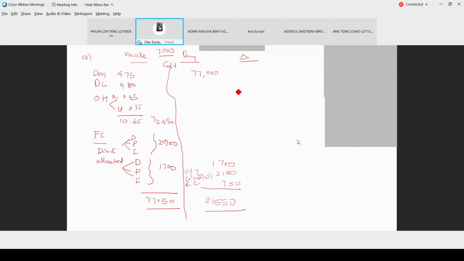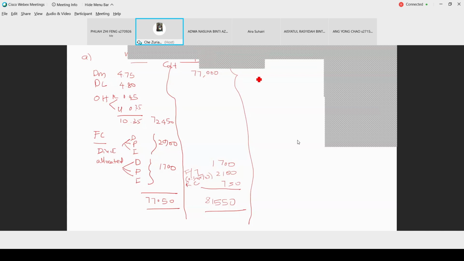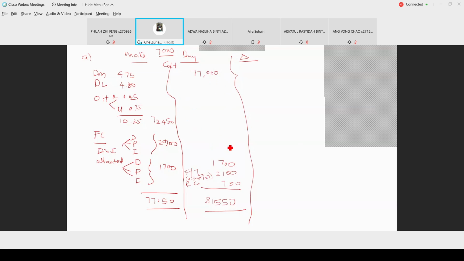Okay, and then make different lah. You kena carilah different dia, berapa. So, dia different if you make. Okay, kalau you make, you tengok berapa perbezaan dia. Okay, cost. And then you tolak kat sini, you akan dapat, nanti you bubuh ni, sini nilai dia.